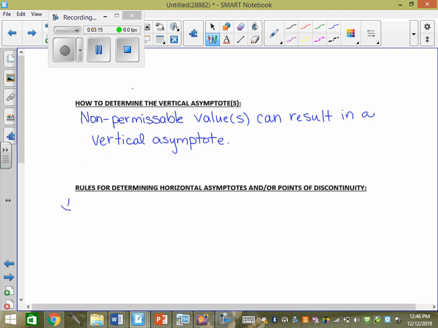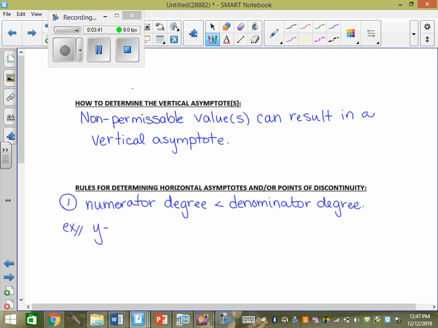For horizontal, you have one version. The numerator degree is less than the denominator degree. So the last example was y equals what? I can't remember what was on the top. A 3? X plus 4?